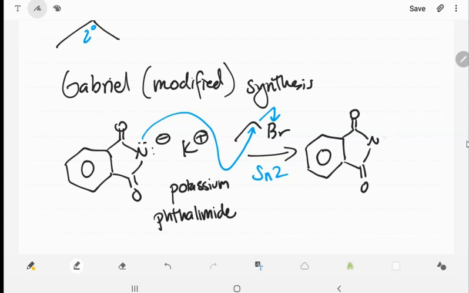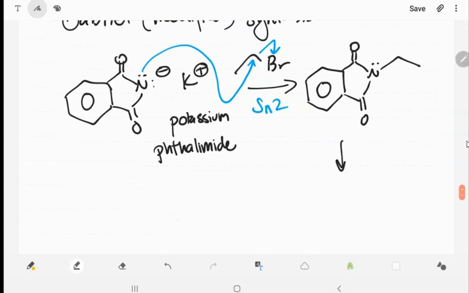All right, and then we've now got our amine stuck on this thing. And in order to release it, we just have to give it our good friend hydrazine. And yes, Eric, that is the correct number of hydrogens on there.